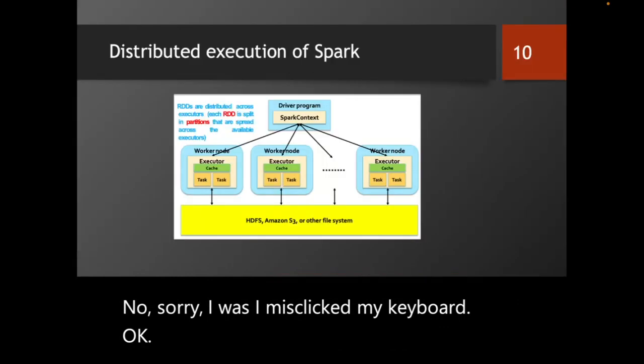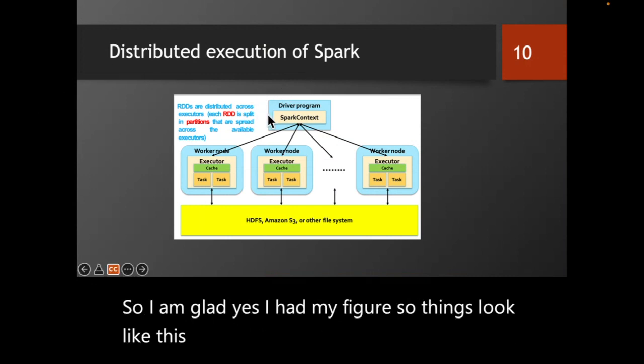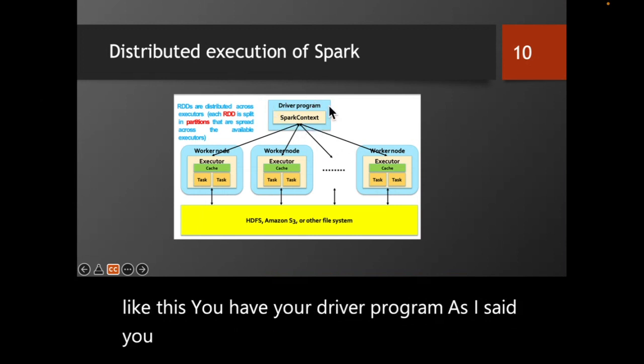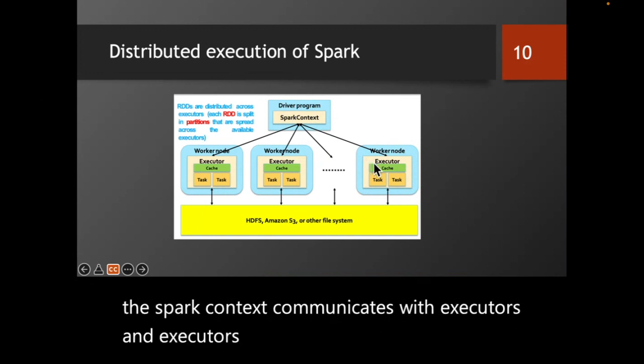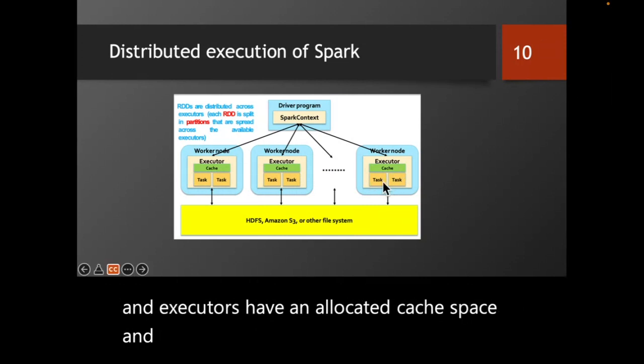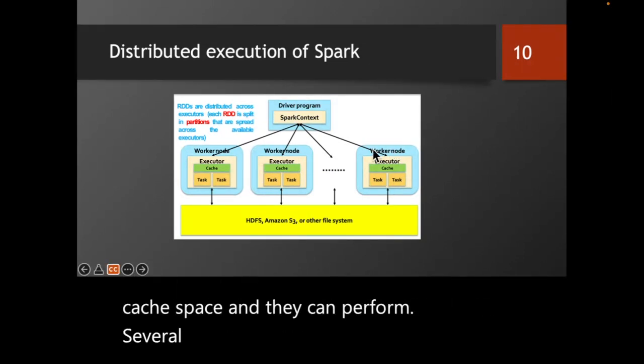So, yes, I have my figure. Things look like this. You have your driver program, as I said, and it hosts the Spark context. The Spark context communicates with executors, and executors have an allocated cache space, and they can perform several tasks.